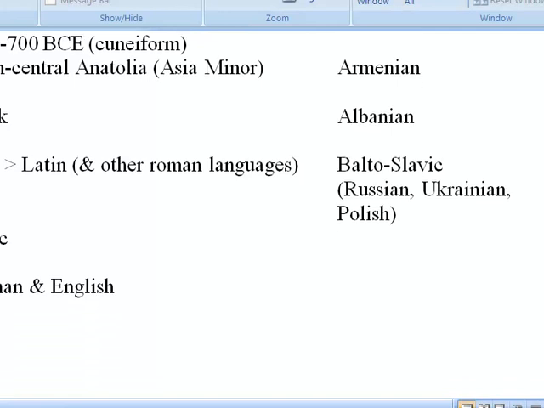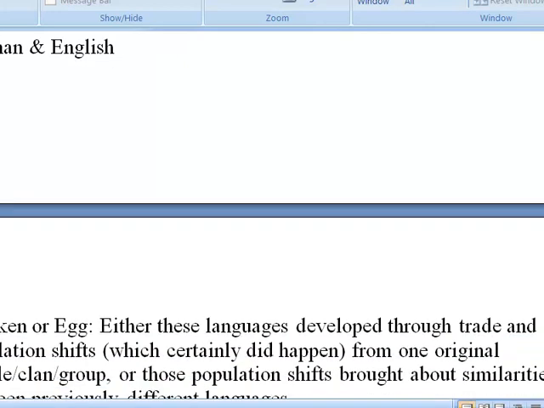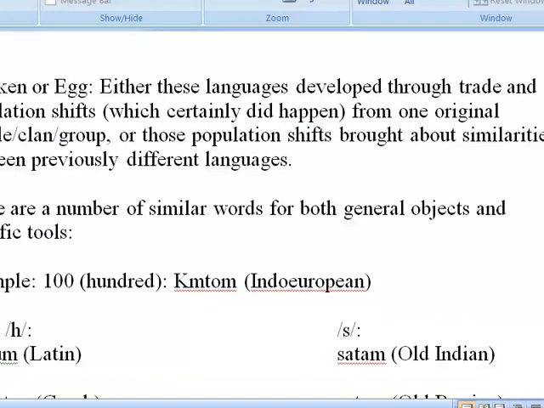If we continue a little further, it's hard to know for sure whether all the different languages in this group developed from one core language. That's the Indo-European thesis, and that would be through connections where there was one original language, people started moving around, and then because of the distance between each other and the influences of other people, the language changed.